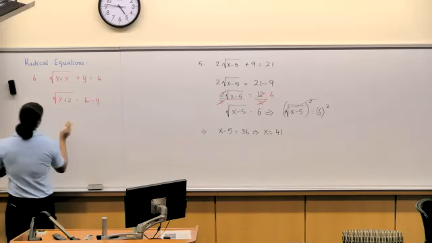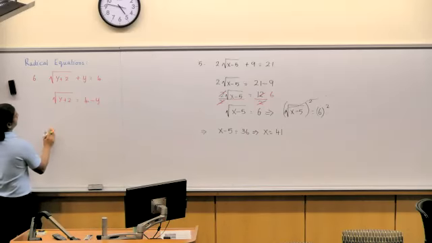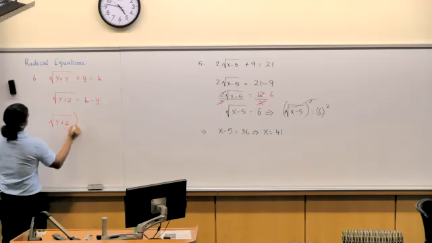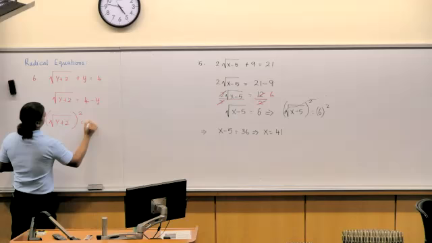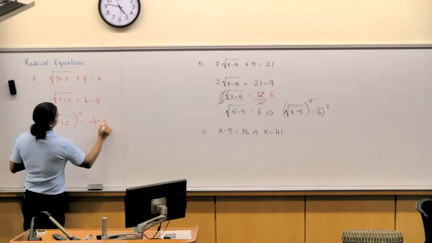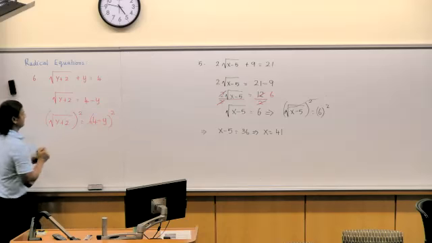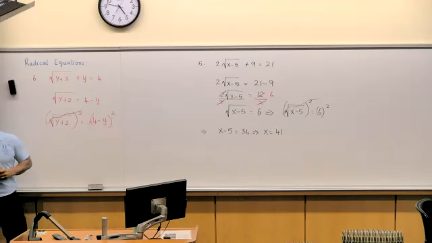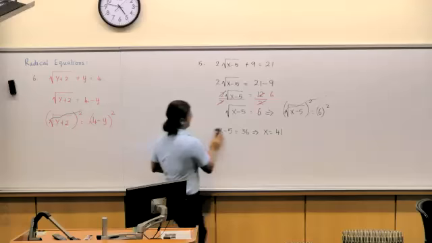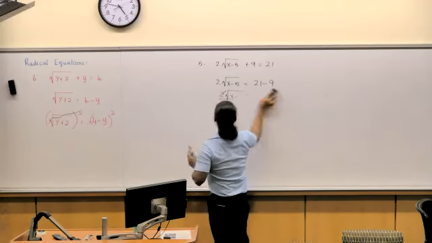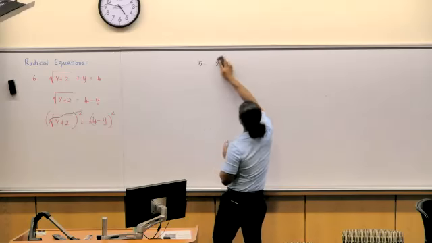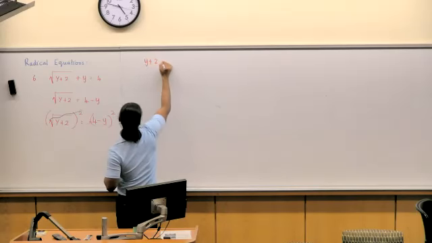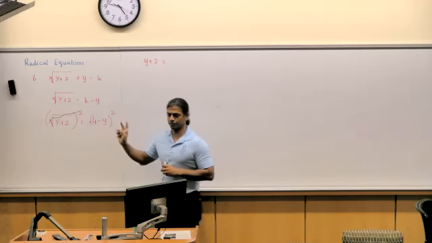So if I square on both sides, root and square will go away. y plus 2 would equal to that.